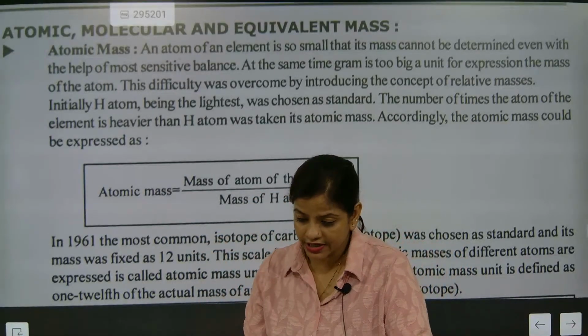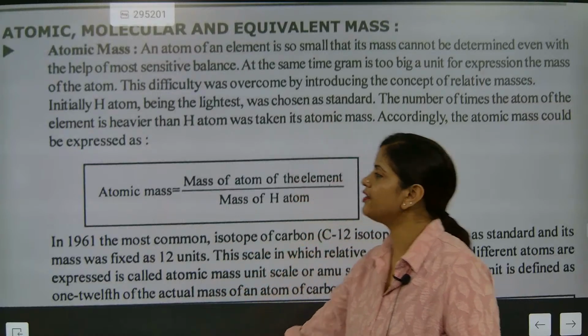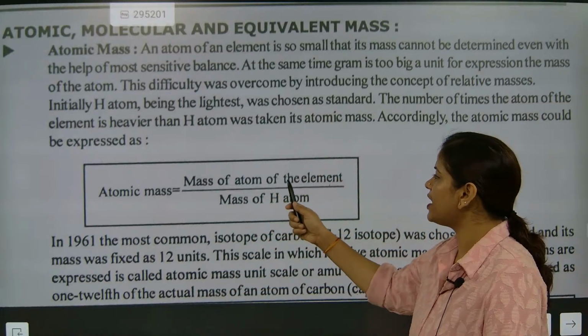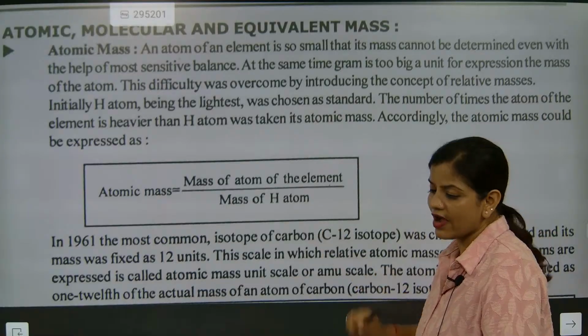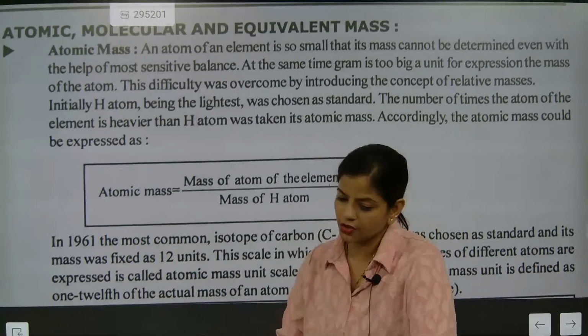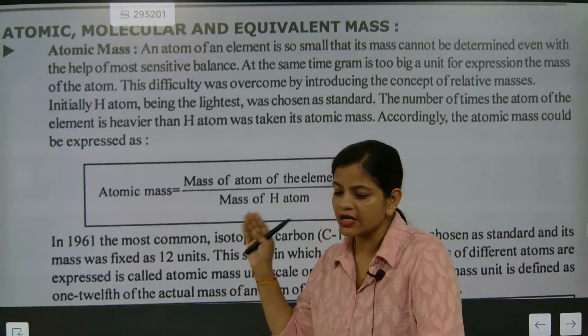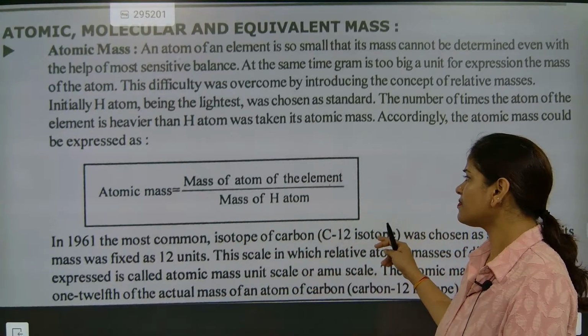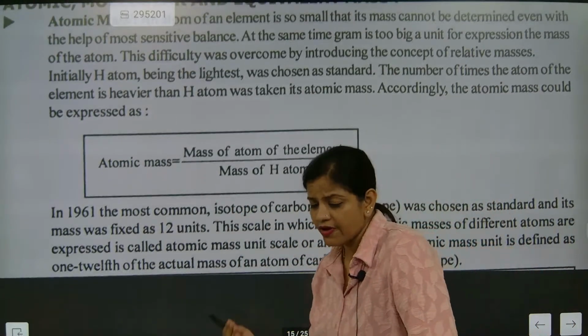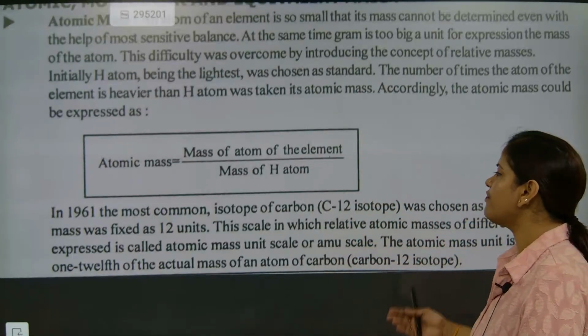They wrote the formula: mass of an atom of the element divided by mass of a hydrogen atom.